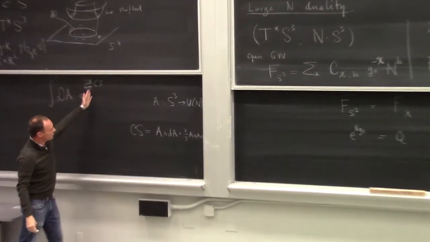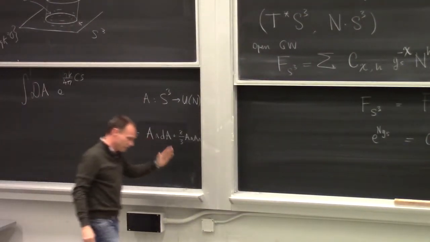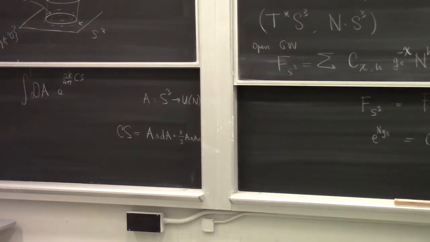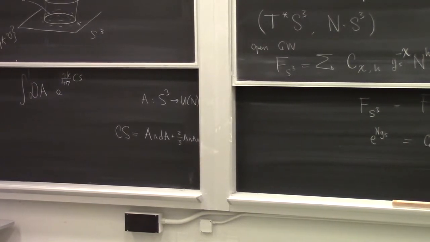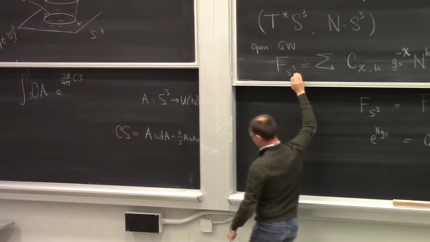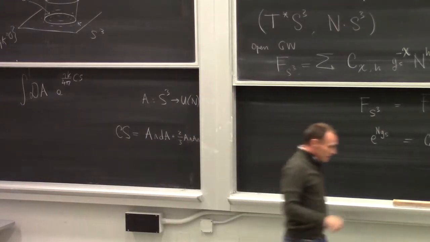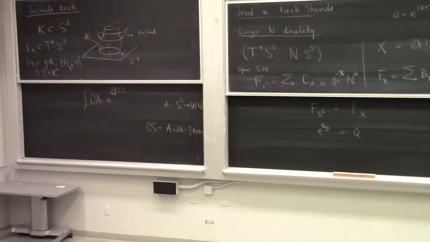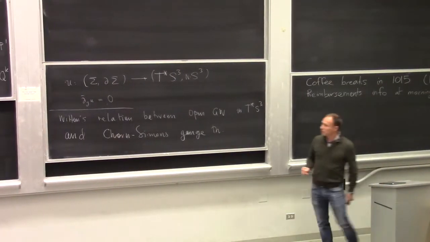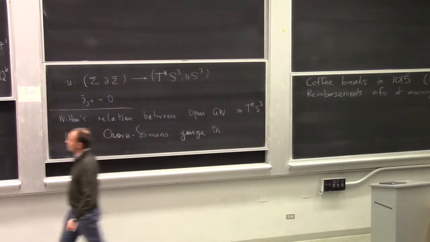Then you integrate over all such gauge equivalence classes of connections, you get some kind of invariant of the three-manifold. And that has a partition function, and that partition function is supposed to be equal to the exponentiated version of that function. But that's not the first thing I want to talk about. I want to talk about, again, that story with knots. Should say what was the change of variables.